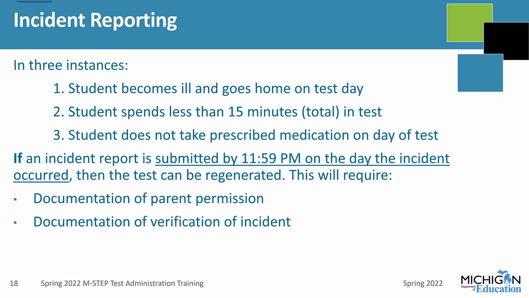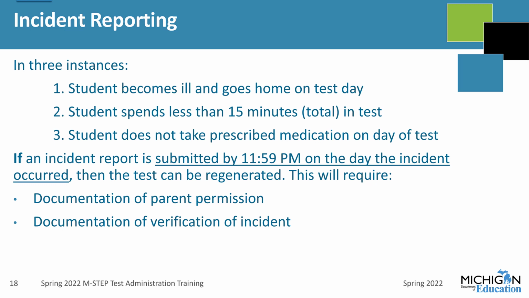The first of these instances is if a student becomes ill and goes home on test day. The test can be regenerated only if the report is submitted on the same day that it occurred, and documentation of parent permission and verification of the incident, in this case attendance, is provided. Again, documentation can be submitted later, but the report has to be filed the same day.